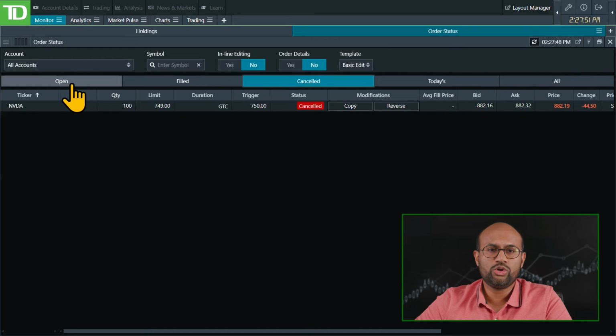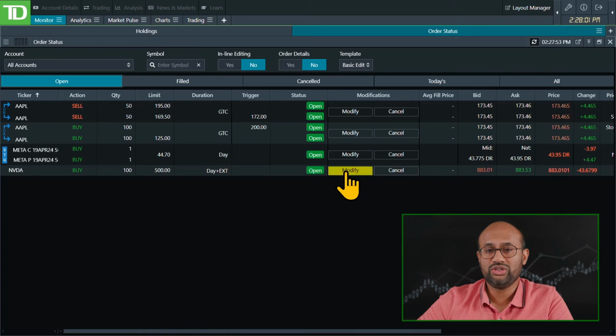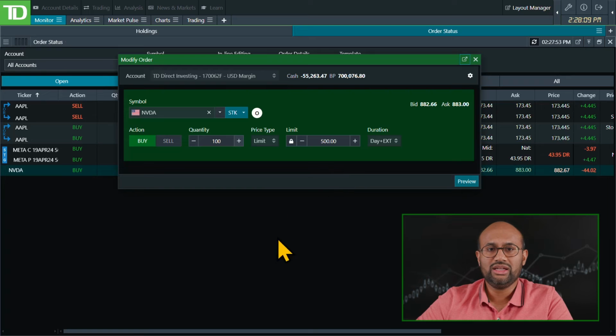But if we go for a moment to our open orders, let's talk about editing some of these orders. So let's say on NVIDIA, we had put in that order to buy it and we wanted to edit it. Well, one of the ways you can do it is just right over here. You can see the status is open, it has not filled yet. And we have the modify or cancel option. So if we hit modify, it'll open up that order entry again and allow us to modify it.